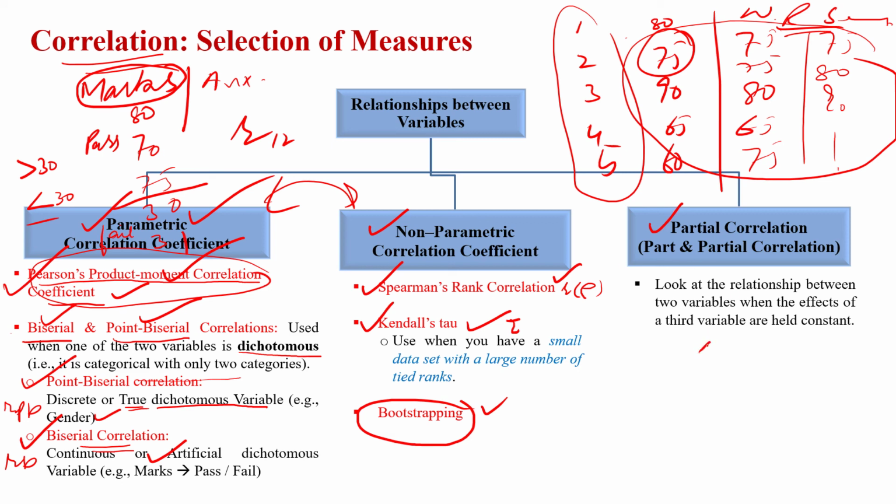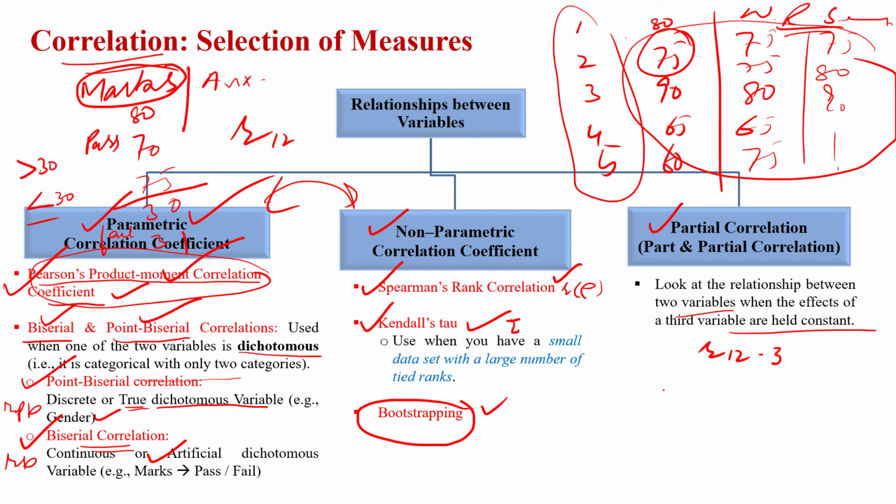Whereas the partial correlation coefficient is normally represented as r12.3, because in partial correlation we want to find the relationship between two variables by controlling the third one. We assume the third variable is constant, or remove its effect, to find the relationship between the two variables.